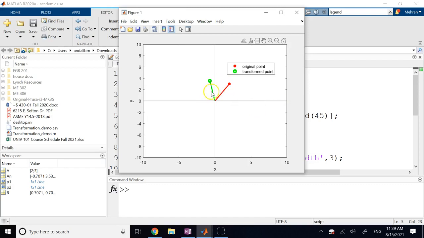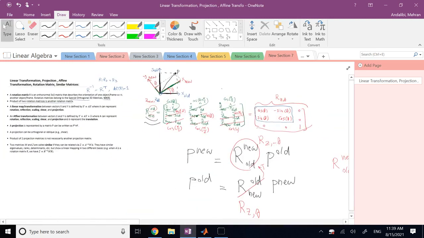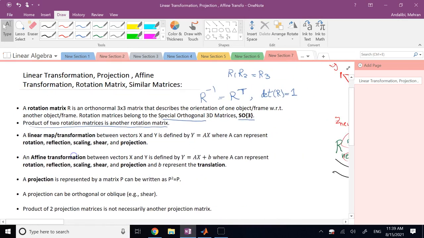So this is when you do rotation with respect to the same frame. The point does move, not the frame, right? And that's what a rotation matrix does. Now you can change the angle and do, or change the axis and do whatever you want. Okay, so this is the idea of a rotation matrix.